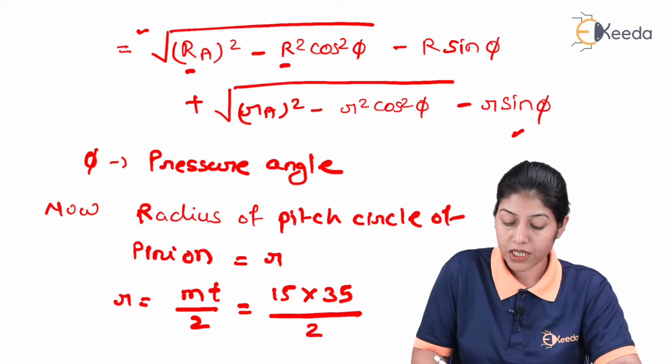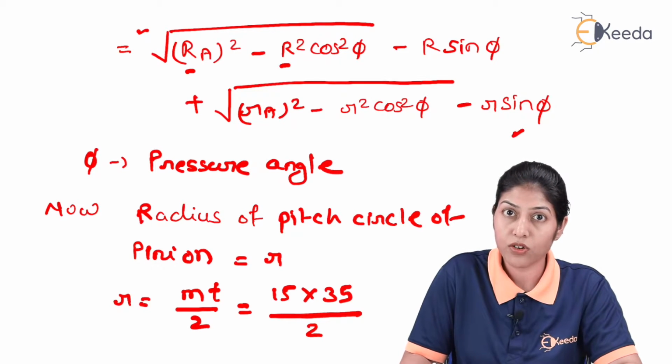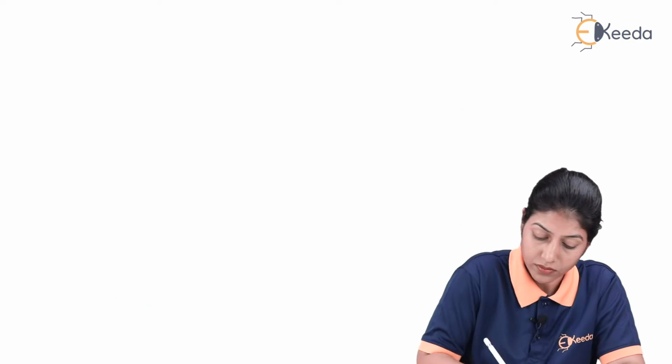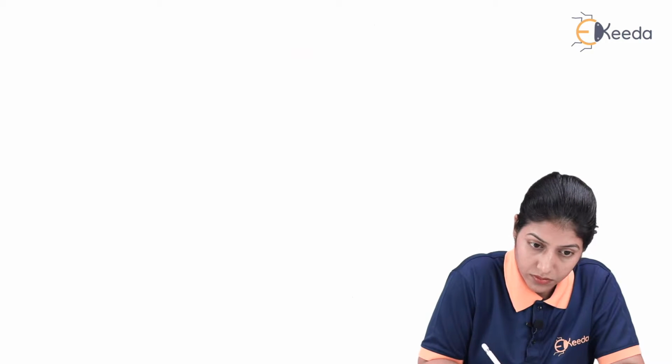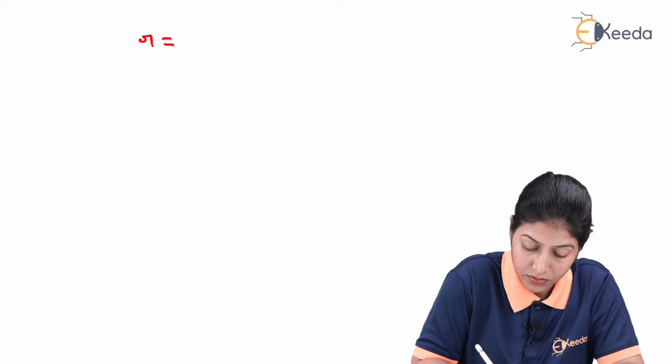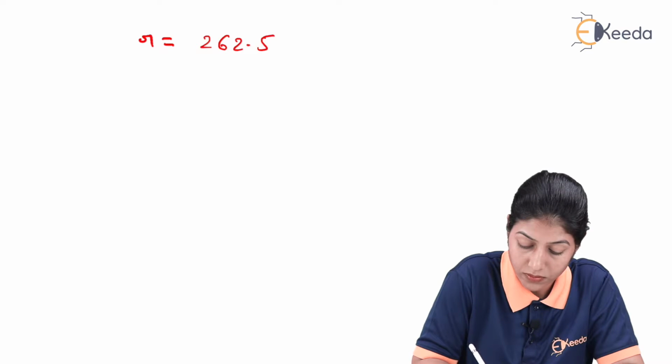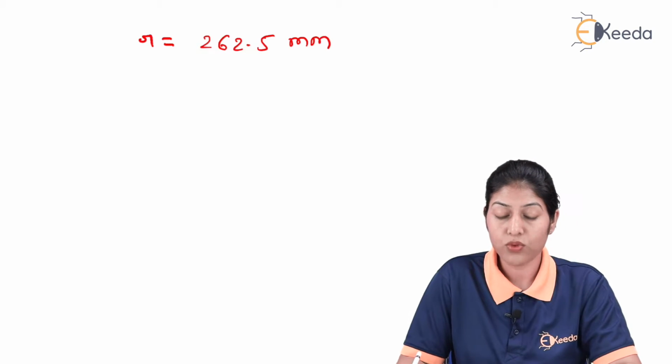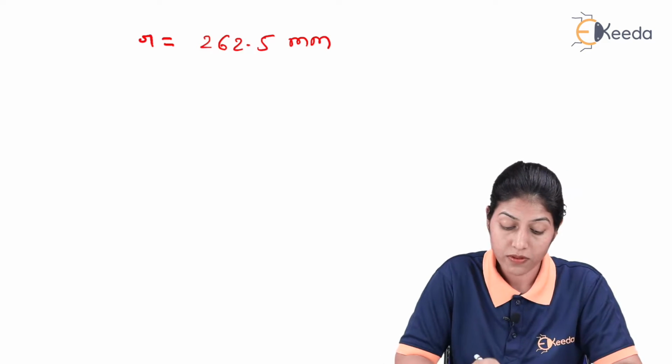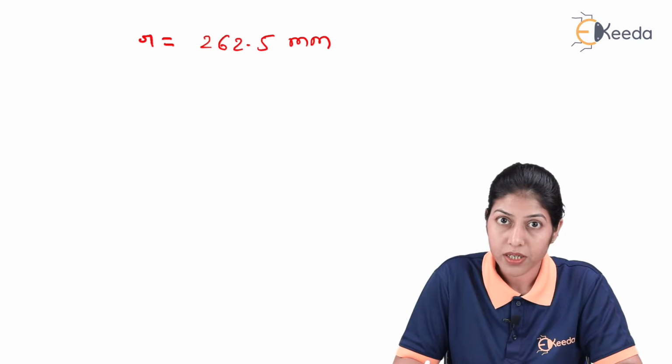So it will be 15 into 35 by 2, and the final value of r will be 262.5 mm. So here we have the pitch circle radius of the pinion.